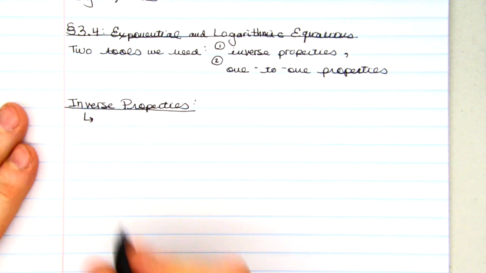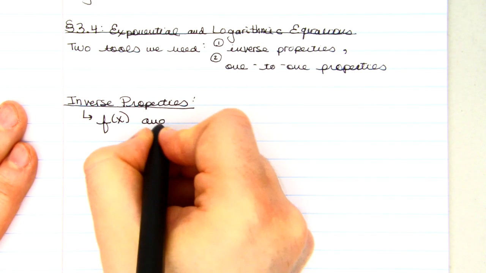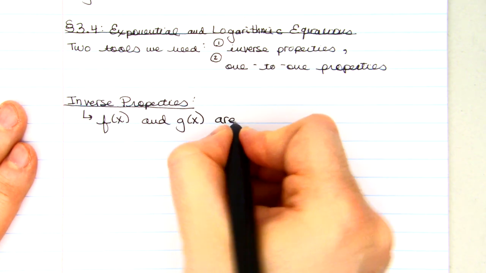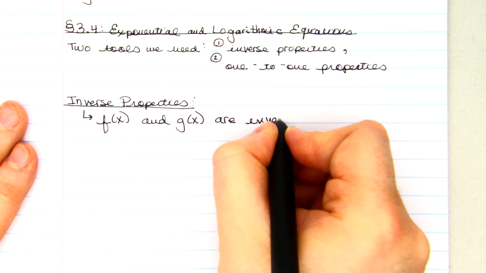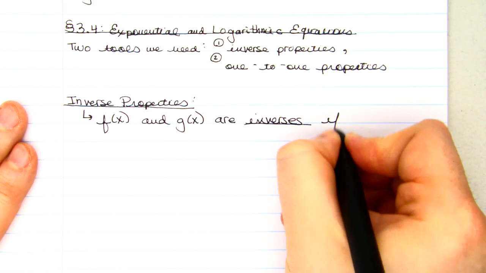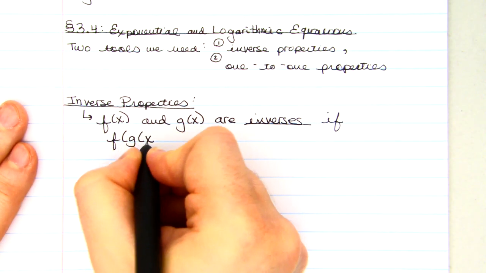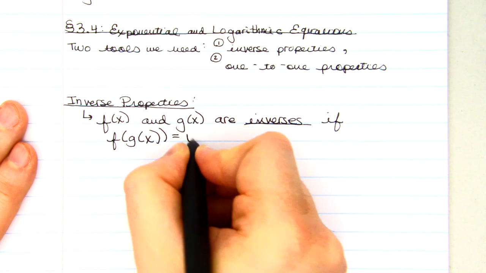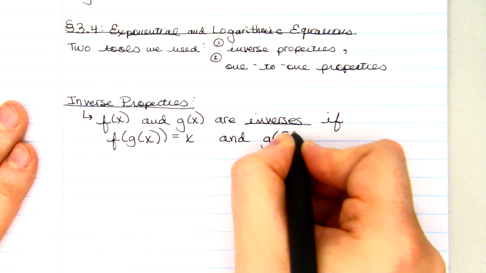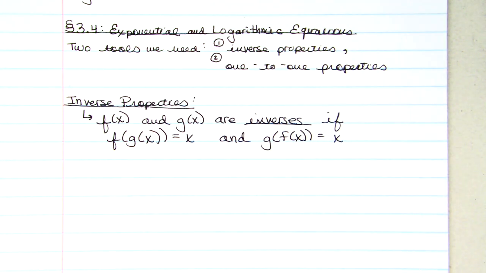We can say f of x and g of x are inverses if f of g of x equals x and g of f of x equals x.